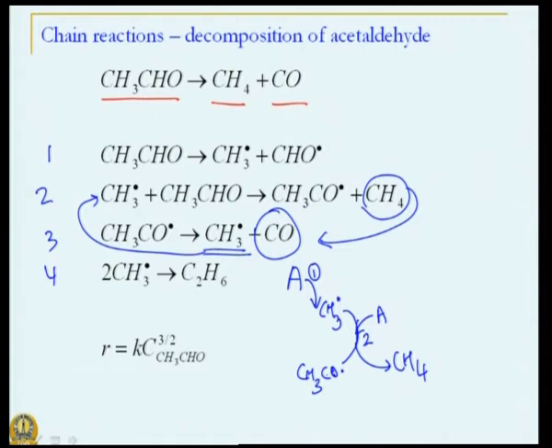This radical CH3CO decomposes to regenerate CH3 and the other product, CO. So, that is my reaction 3. And 2 methyl radicals combine with each other, giving rise to ethane. That is my reaction 4.